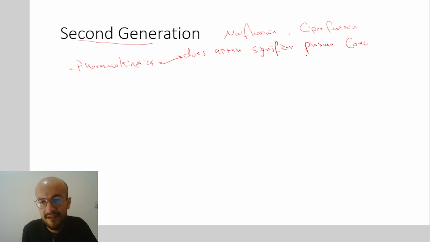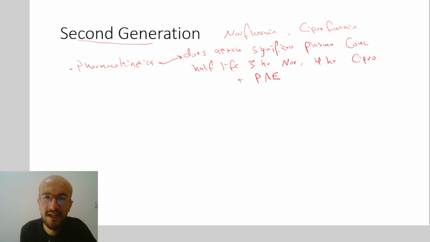It attains significant plasma concentration with a half-life of 3 hours for norfloxacin and 4 hours for ciprofloxacin, plus the post-antibiotic effect, because those drugs also accumulate in the neutrophils and have a post-antibiotic effect added to their half-life.